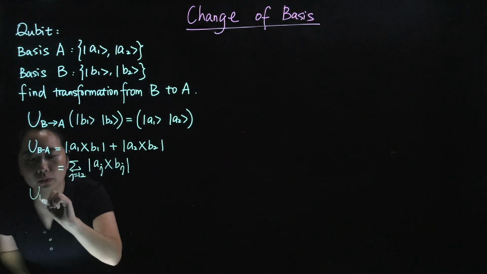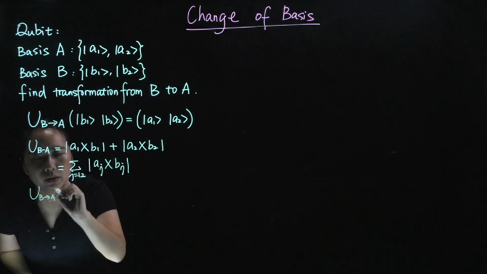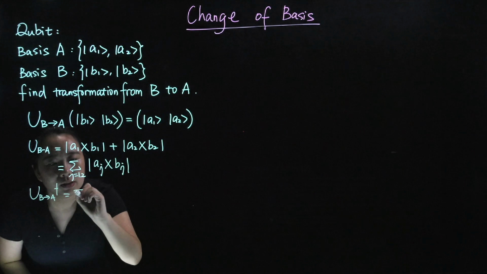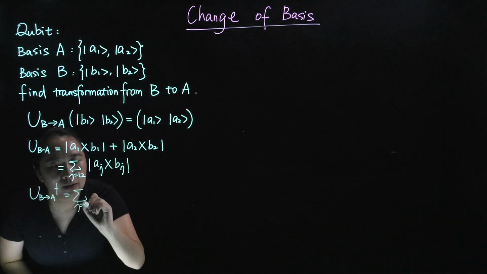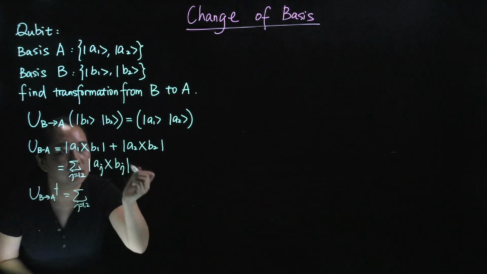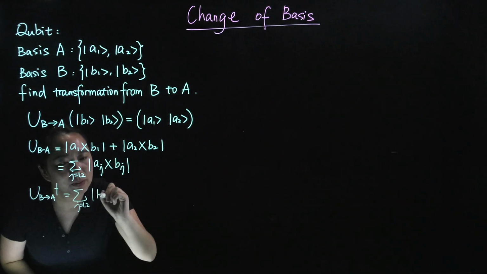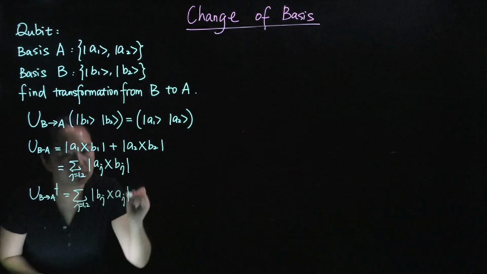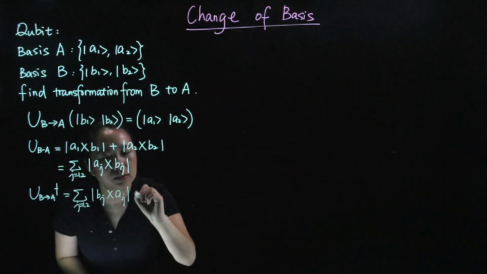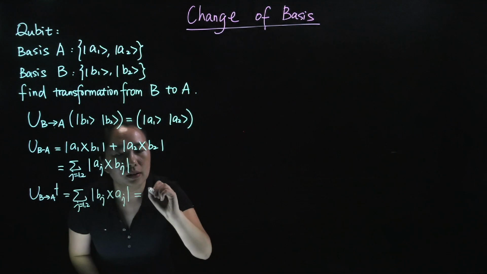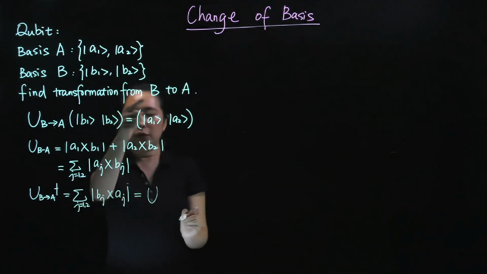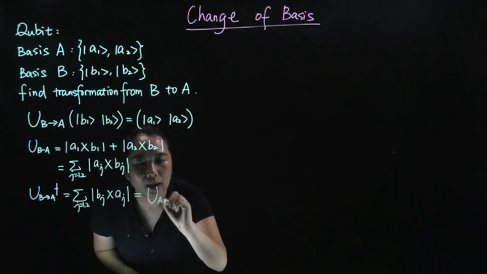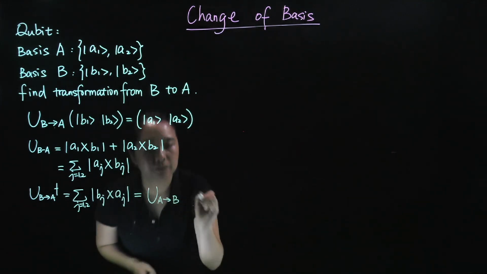So U Hermitian adjoint is then, if we use this form, the summation of the index j, and we will then have the ket Bj and the bra Aj. So this is actually the transformation from the A basis into the B basis. So this is A to B.